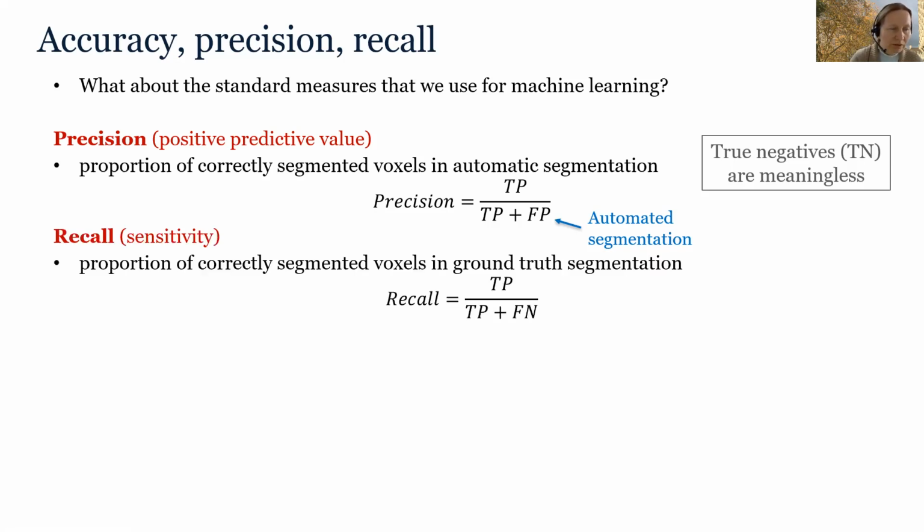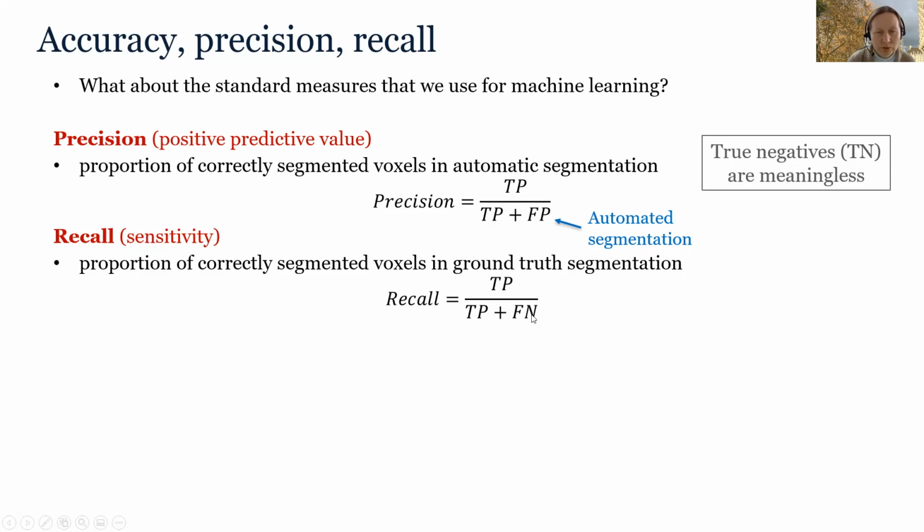Then we have recall as well, which is in other words called sensitivity. And this is the proportion of correctly segmented voxels in the ground truth segmentation. So you can see again, we have correctly segmented positive voxels in the numerator, and in the denominator we have true positives plus false negatives.